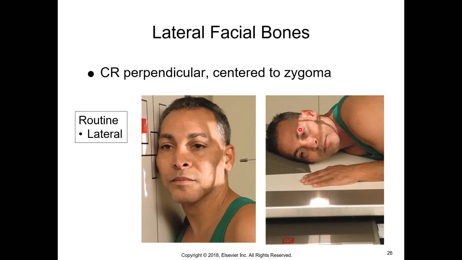And notice that the collimation is making sure to get the orbit as well as the temporal mandibular joints. You want to make sure you get the TMJs on there. That's important. And if you're doing all of the lateral facial bones, you want to make sure this one doesn't really show it, but on this one you can see light going over and around the mental point or the entire mandible. So that's kind of important too.